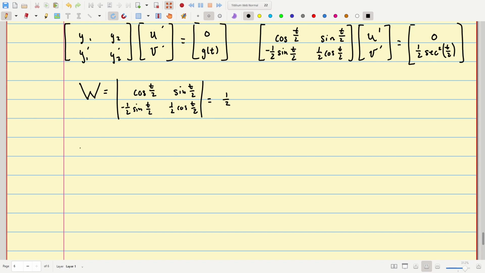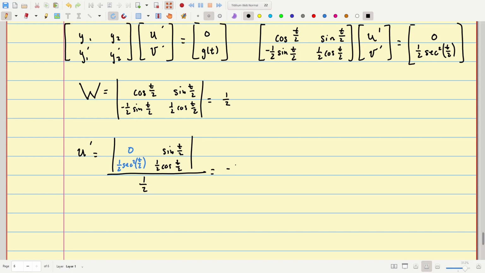Okay. So now u prime is going to be equal to the determinant of the matrix 0, 1/2 secant squared t halves, sine t halves, 1/2 cosine t halves, all over 1/2.